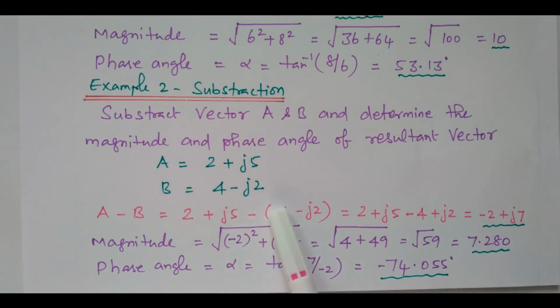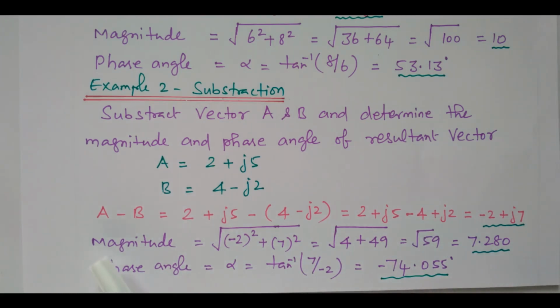Now multiply this negative inside, so that it becomes minus 4 plus j2. Now we can add the real terms, 2 minus 4 is minus 2. j5 plus j2 is j7. So it is easily subtracted when it is in the rectangular form. We just need to add both the real terms and both the imaginary terms.